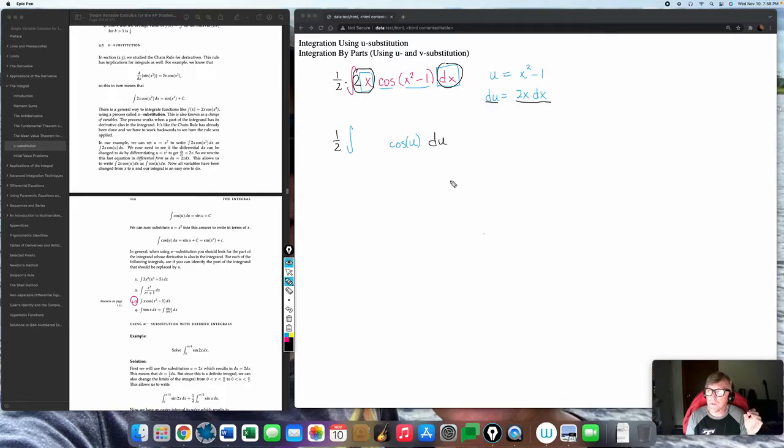See how that works out? So maybe that's a little easier for you to think about to get the answer. So now we have the antiderivative, and then back substitute. I've taught it both ways, and some students like the first way, some students like the second. So that's kind of how that works out.